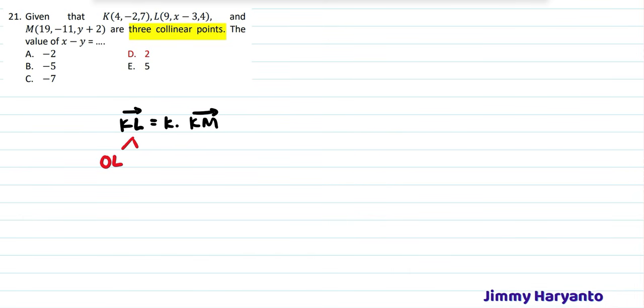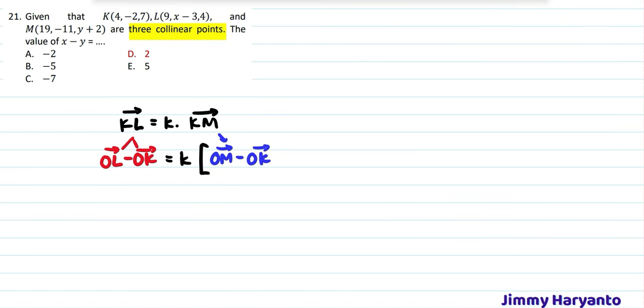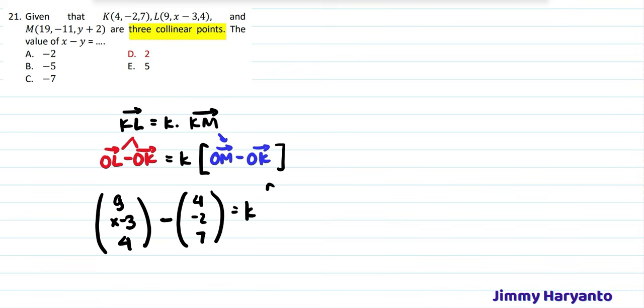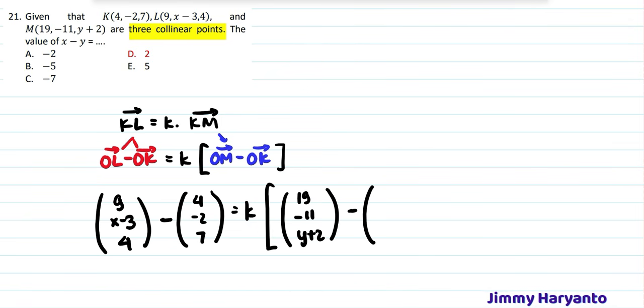KL is OL minus OK equals to K times, for this one you'll have OM minus OK, like this, and then you only have to input all of them. OL is 9, x minus 3 and 4, minus OK, OK is 4, -2 and 7, equals to K times, this one is OM is 19, -11, and y plus 2, minus OK, OK is 4, -2 and 7.